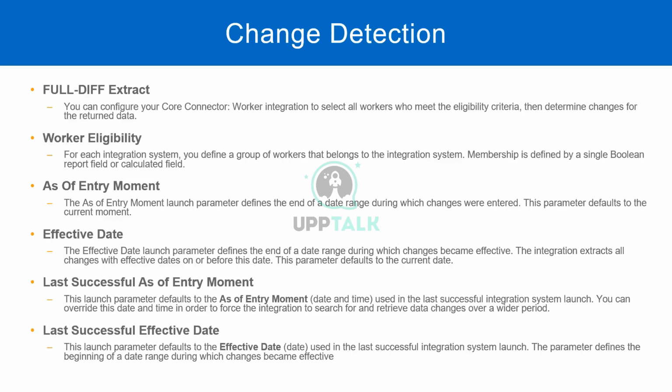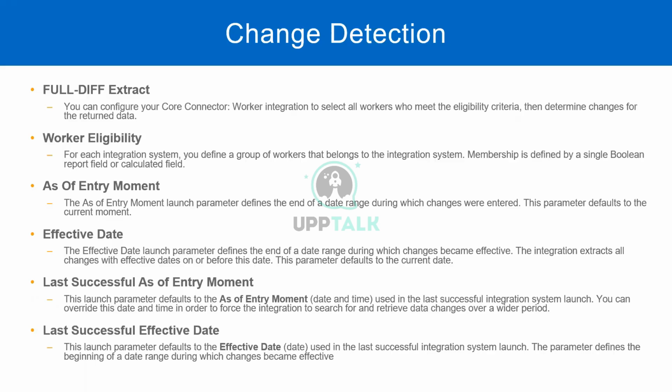Then comes the full extract. If you configure that as the full extract, it first looks only at the workers who meet the eligibility criteria. It narrows down the list of workers who meet the eligibility criteria, and then it determines the changes for the returned data.